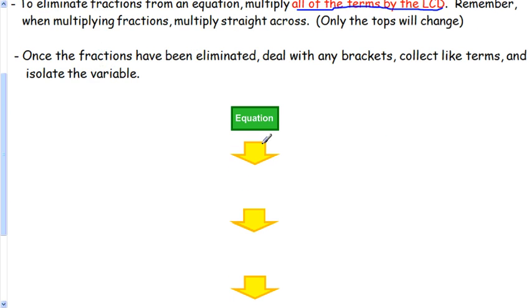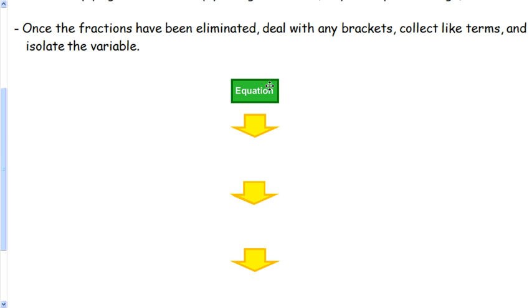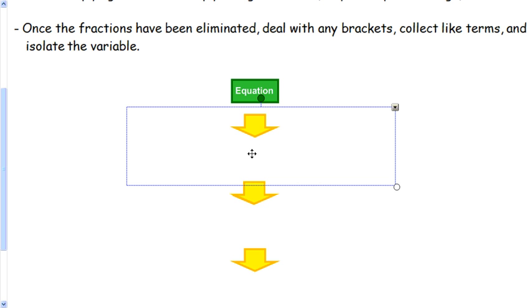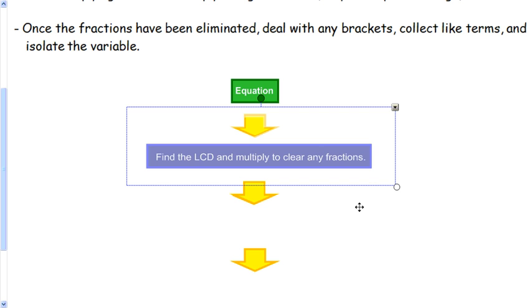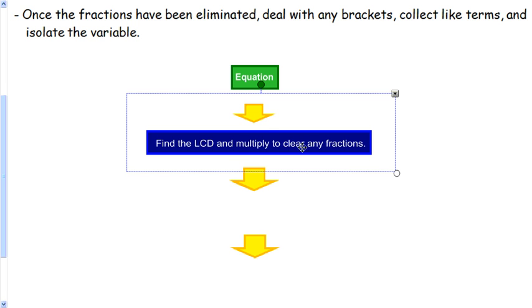Okay, so we start with the equation. Here's the process flow. We start with the equation with fractions. Then the next step will be to find the LCD and multiply every term by the LCD to clear any fractions. That's a key point here, is to make sure you multiply every term by the LCD.